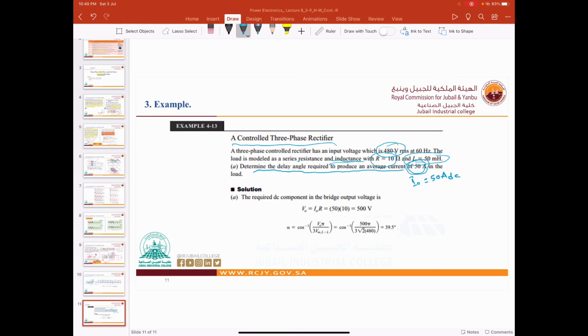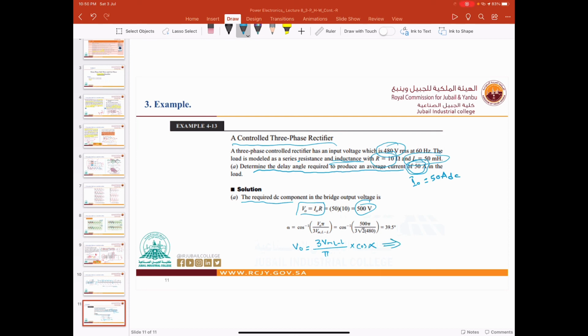So we can compute this formula, guys, in order to find the V out. So we know that V out for the full wave is 3 V maximum line to line divided by pi, right? Multiplied by cosine alpha. From this we need alpha, guys.